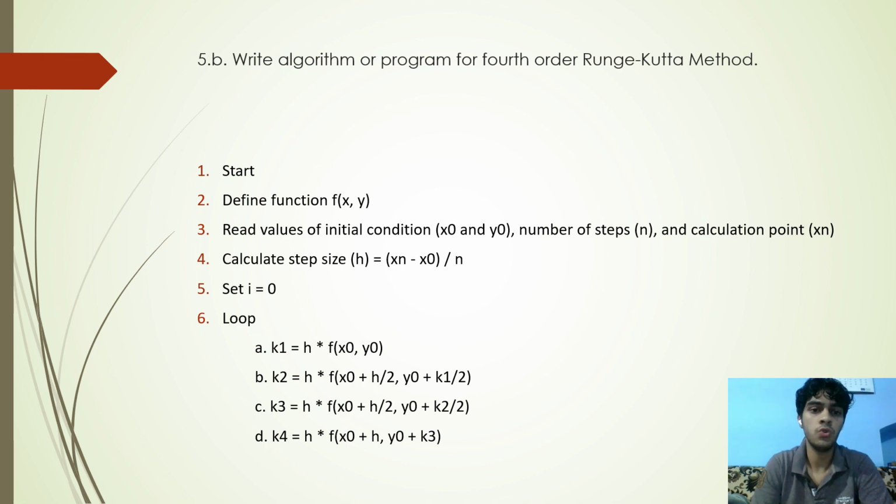Then we will set the loop i equals 0, in which we will find the values of k1, k2, k3 and k4. k1 equals h multiplied by f(x0, y0), k2 equals h multiplied by f(x0 plus h by 2, y0 plus k1 by 2), k3 equals h multiplied by f(x0 plus h by 2, y0 plus k2 by 2), k4 equals h multiplied by f(x0 plus h, y0 plus k3).